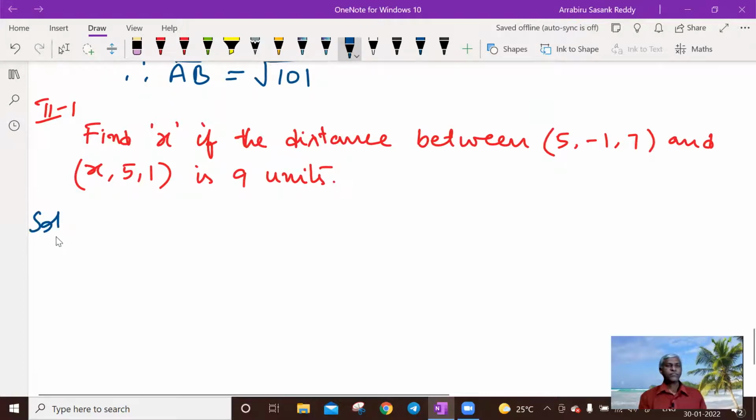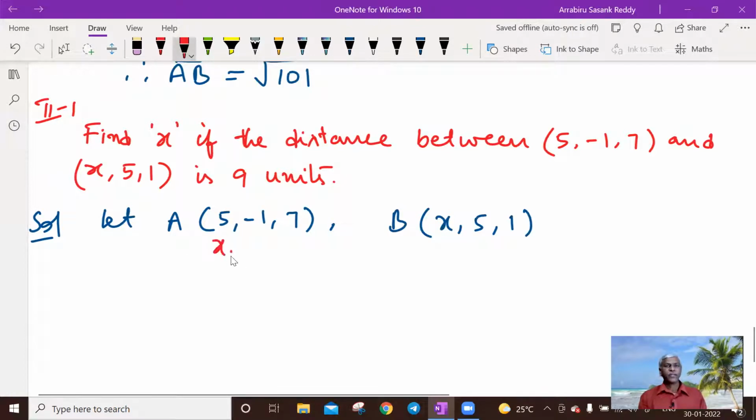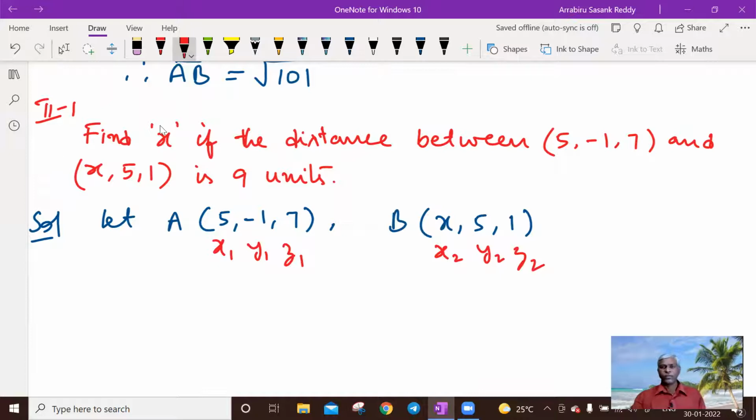Same. Take 2 points, the first point A (5, -1, 7) and the second point B (x, 5, 1). Let the first point be x1, y1, z1, second point x2, y2, z2. And take the formula.